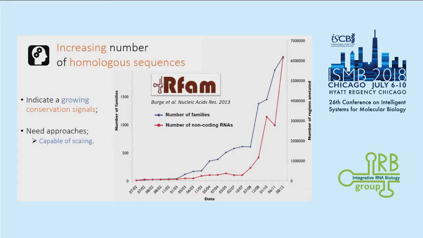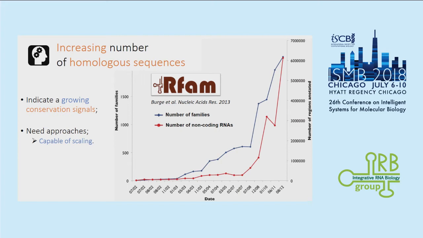Currently, we can see an increase in the number of homologous sequences, but also in the number of families. So this indicates that there is also a growth in the conservation signals, because as we have more and more homologous sequences, we expect to have much stronger conservation signals.